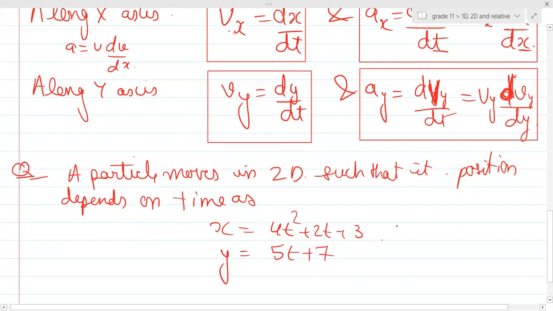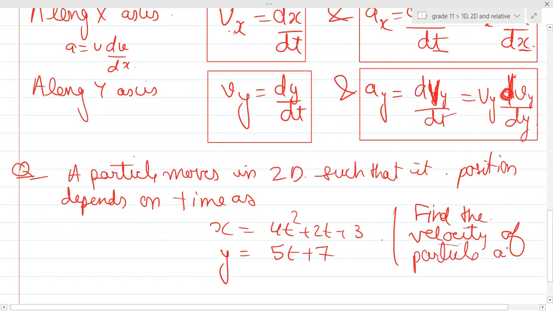Differentiation, integration came again. So the question is: find the velocity of the particle at t equals 2 seconds, and find the position also. Find the position and velocity.